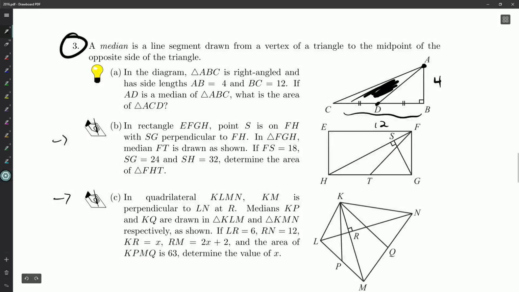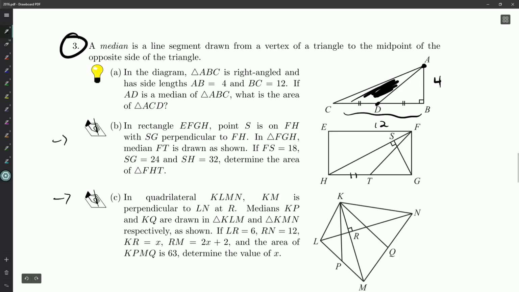Okay. In rectangle EFGH, point S is on FH with SG perpendicular to FH. So FH is a nice little diagonal, and we are dropping a perpendicular from G. Okay. In triangle FGH, so the lower half of this rectangle, median FT is drawn as shown.